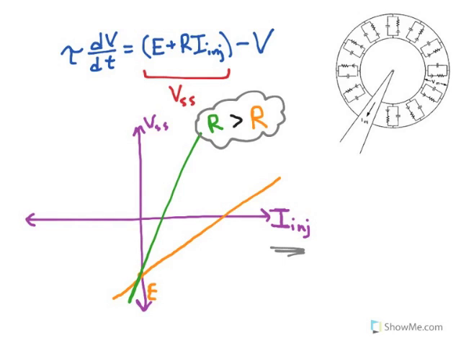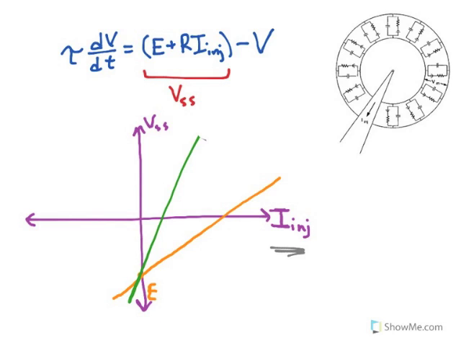And this might seem a little basic to you, and you might wonder why I'm going over this. The reason I'm going over this is because if you're actually working with experimental neurons, you don't know what the value of R is to begin with. If we're just thinking about this mathematically, you can just pick any value you want. But if you're working with an actual biological neuron, you don't know what R is, or the input resistance.